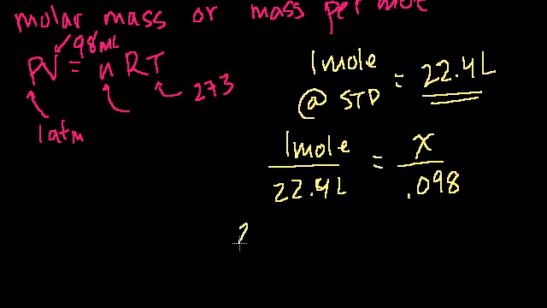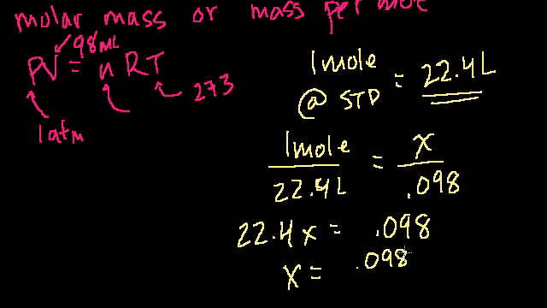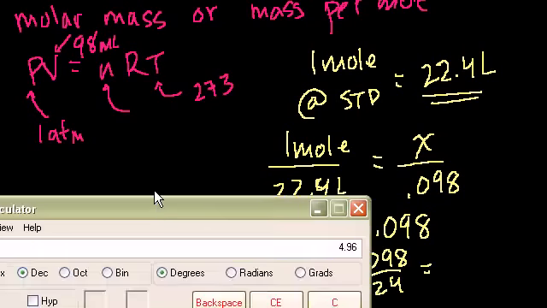So we could say 22.4x is equal to 0.098, and then we take our calculator, and we have x is equal to 0.098 divided by 22.4. And this, of course, is in moles, right?